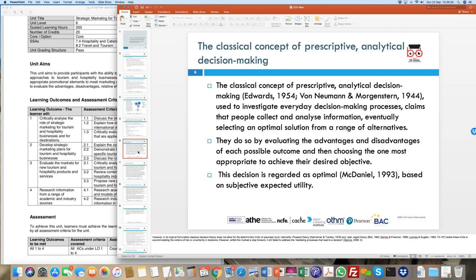They found after some investigations that in the decision-making process people normally use day to day, they collect and analyze information, and eventually come to some sort of alternatives or decision-making criteria, which are then looked at from an advantageous, positive or negative point of view, and then they choose the most desired objective.